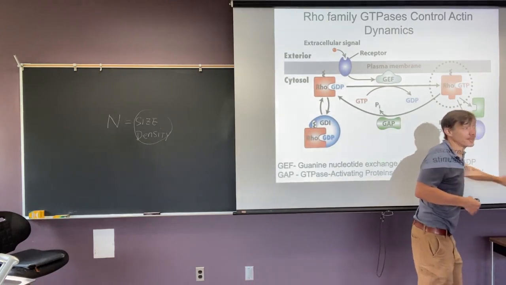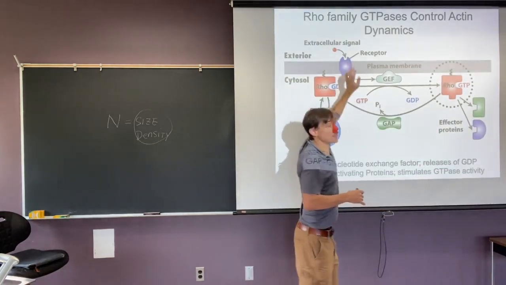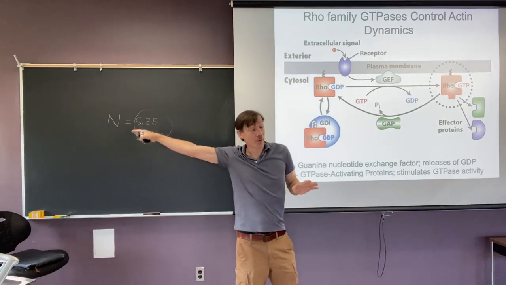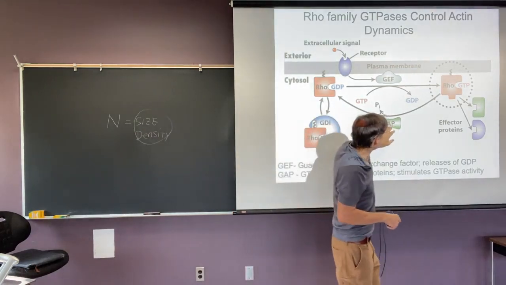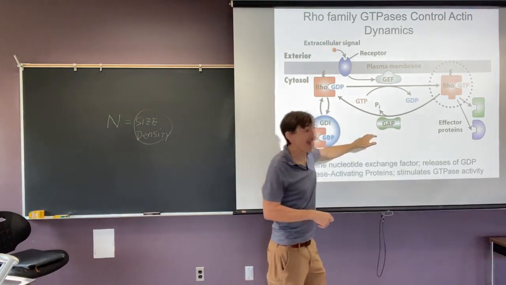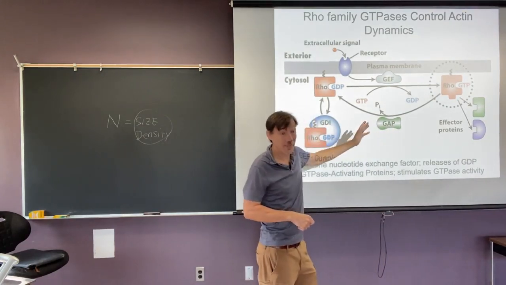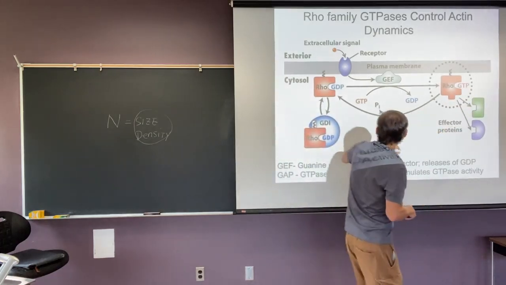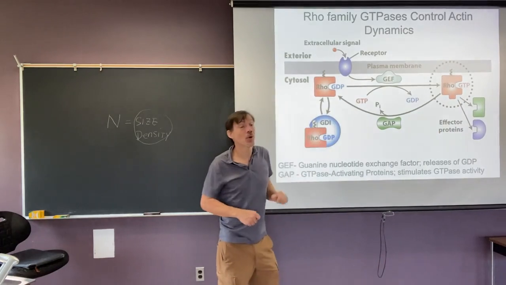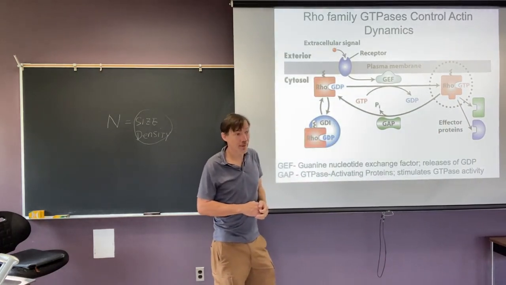When that signal disappears, let's say the bacteria moves someplace else, the cell needs to reorient. There's going to be GTPase activating proteins called GAPs that are going to convert that GTP to the GDP state, turning off the protein.